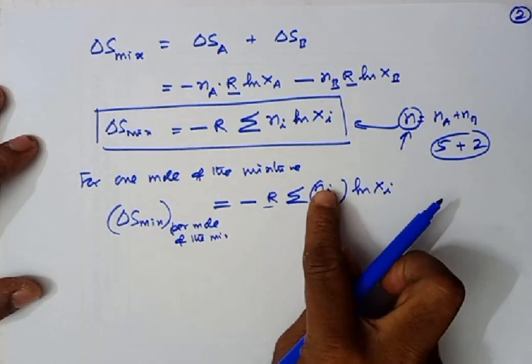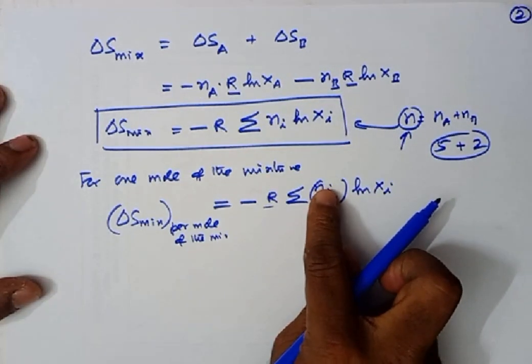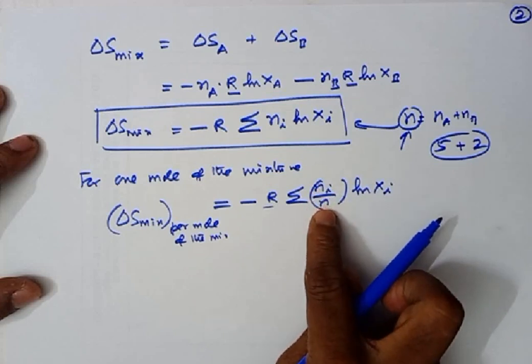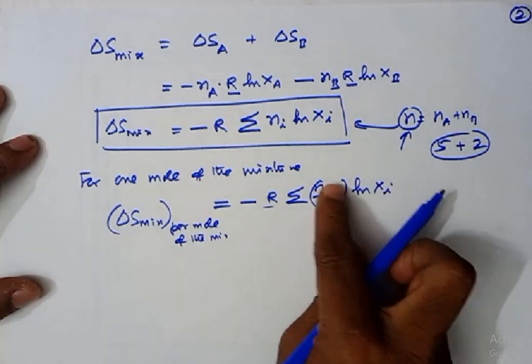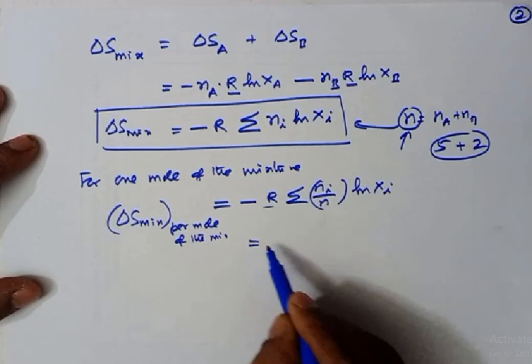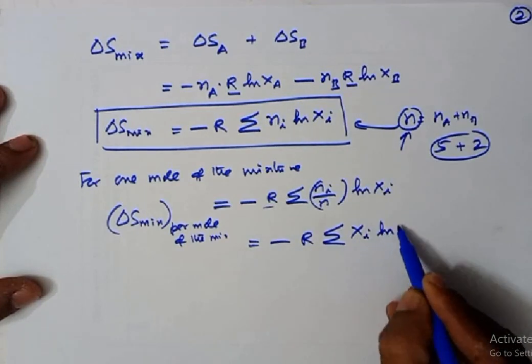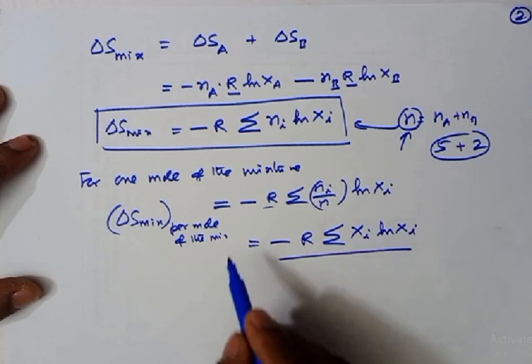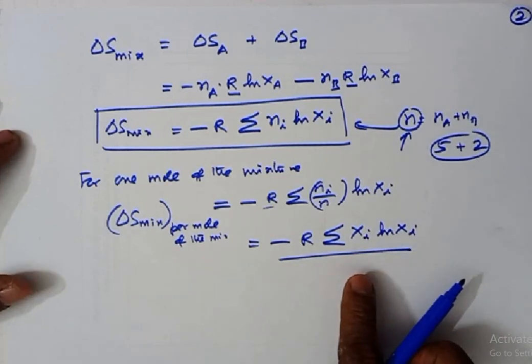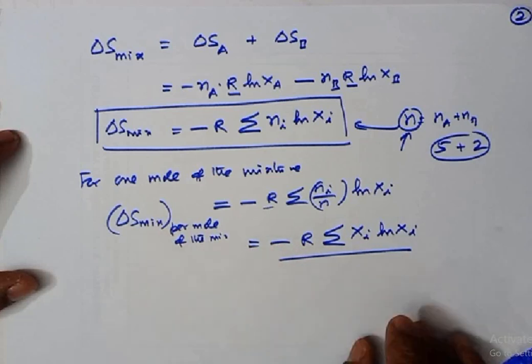What is Ni by n? Ni is the number of moles of the ith gas, and n is the total number of moles. So this is nothing but the mole fraction again. So you'll get minus R into summation xi ln xi. This is the formula for delta S mixing for 1 mole of the mixture. Take note.